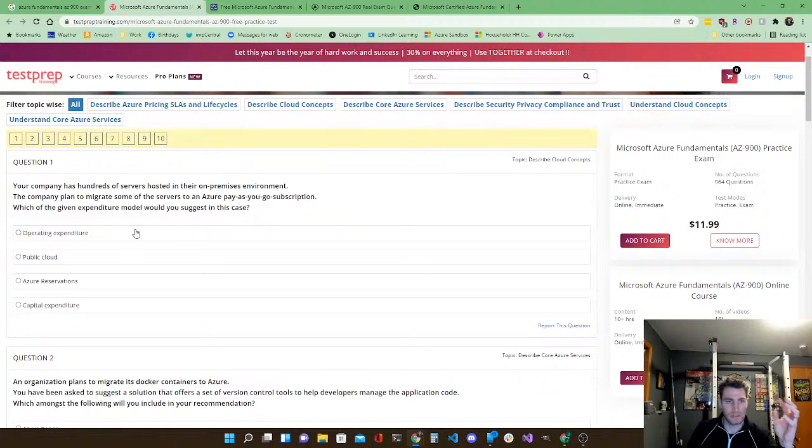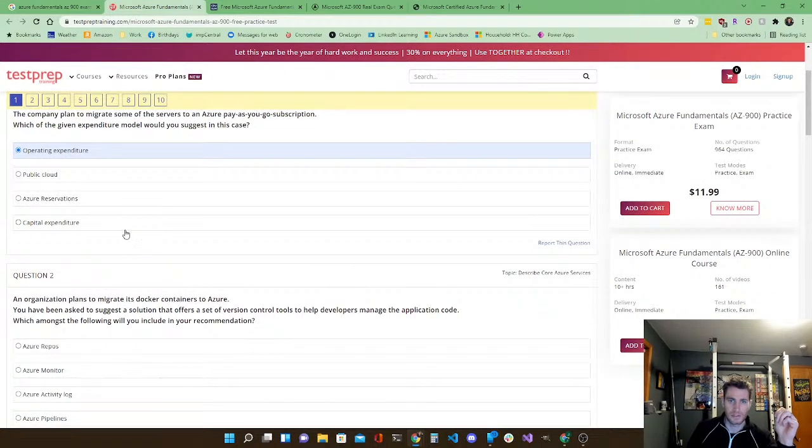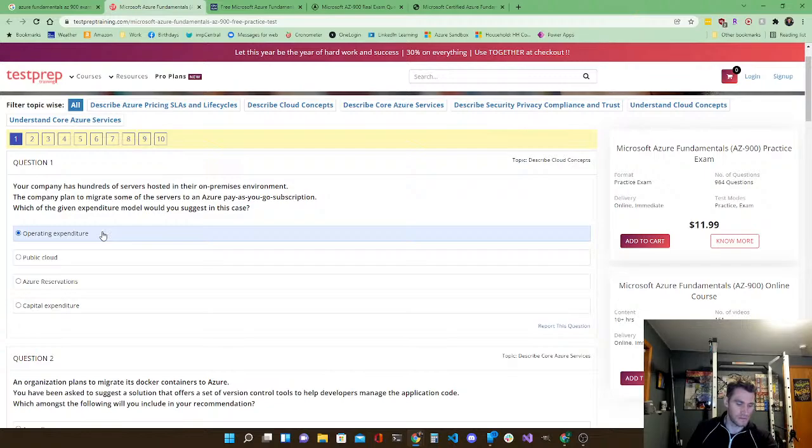And there's a number of reasons why that would make sense. If you're doing more capital expenditure, it might make more sense to do on-premise. Whereas if you have a high operational expenditure, maybe it could make more sense to do Azure, especially if you have a big fluctuation. You can scale up and scale down with Azure. So, is he going to tell me if I got these wrong or not?